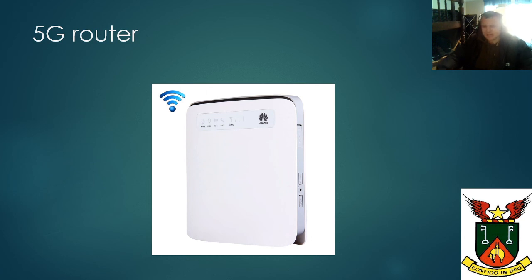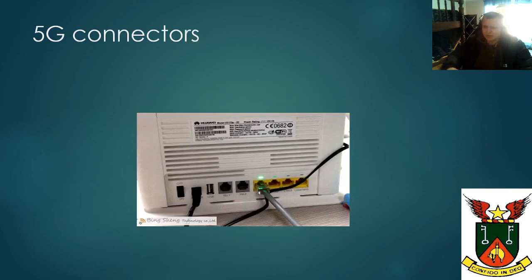So ADSL uses copper wire. Fiber uses optical wire, fiberglass, and 5G uses cellular technology, mobile technology. As soon as you have this in your house, it works exactly the same. There's the backside of this router.